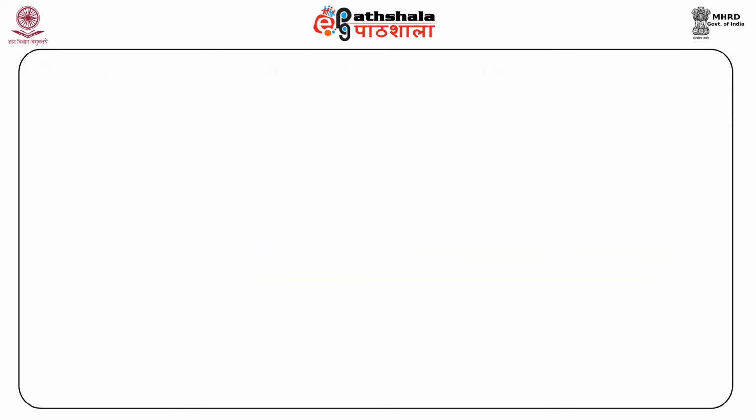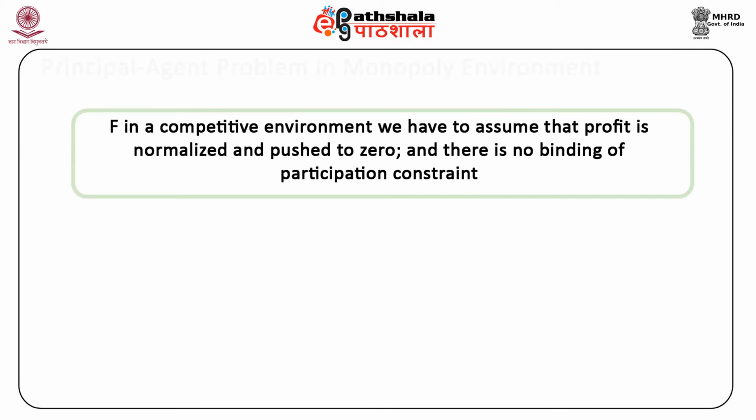In order to determine capital F in a competitive environment, we have to assume that profit is normalized and pushed to zero and there is no binding of participation constraint.